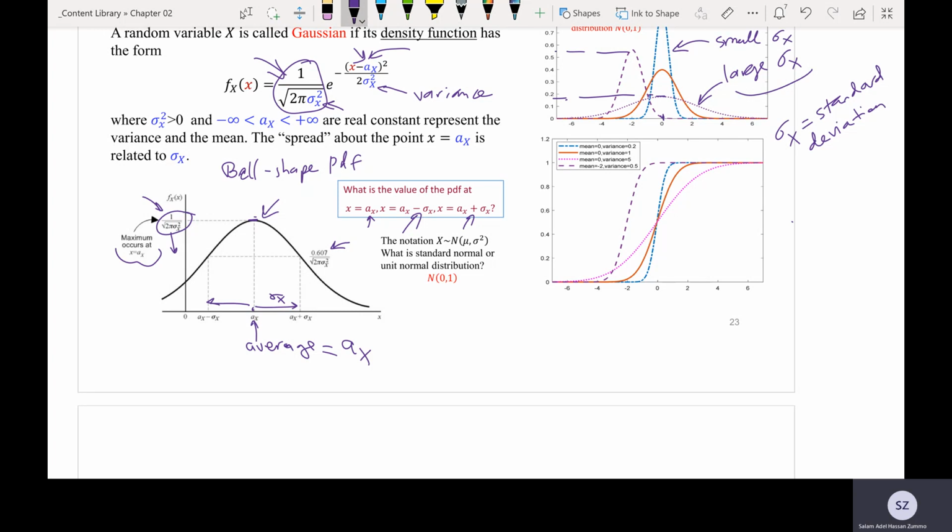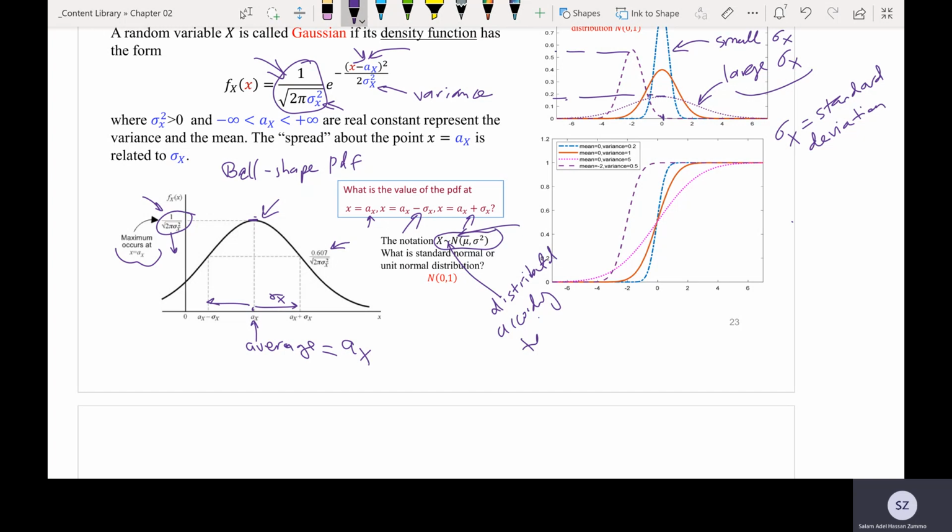Okay. Now the notation that we will use looks like this. X is distributed according to. This means distributed according to.